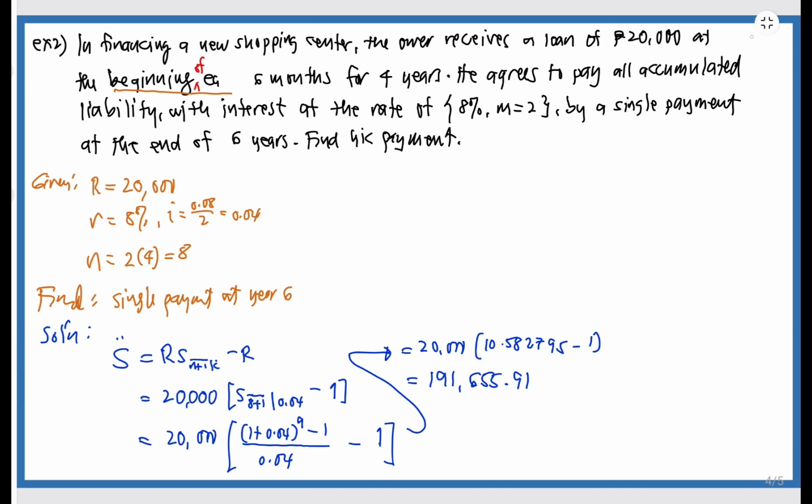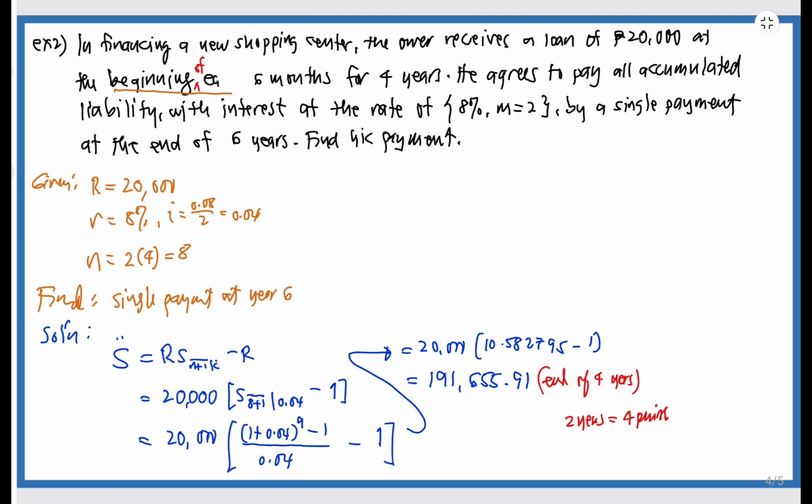But this is going to be paid after 6 years. This value is at the end of 4 years. Since he will pay it at the end of 6 years, we need to accumulate this for 2 more years. 2 years is equivalent to 4 periods because this is semi-annual, so n equals 4.